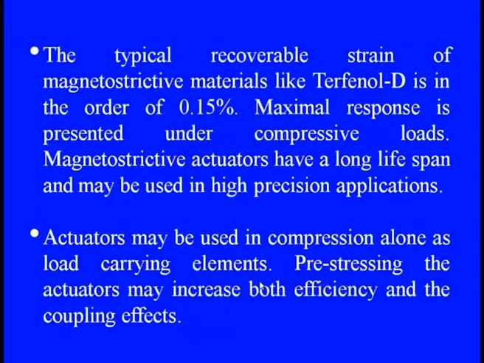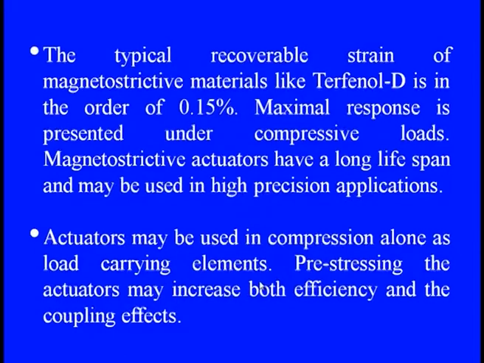A typical recoverable strain of a magnetostrictive material, like Terfenol-D, is in the order of almost 0.15% only, and the maximum response is presented under compressive load because of the brittleness. So, they are quite insensitive towards tensile loading, and these magnetostrictive actuators have a long lifespan and can be used for high precision applications.